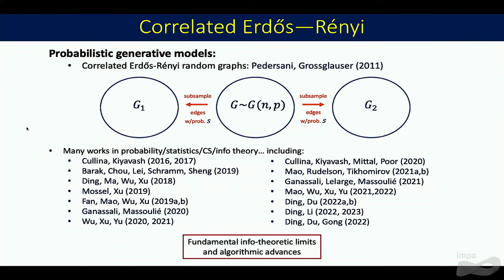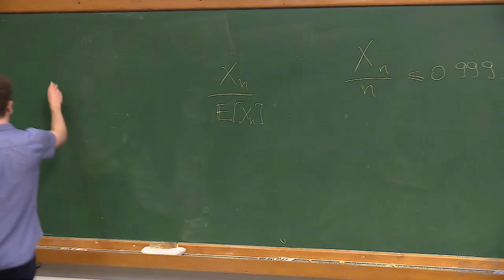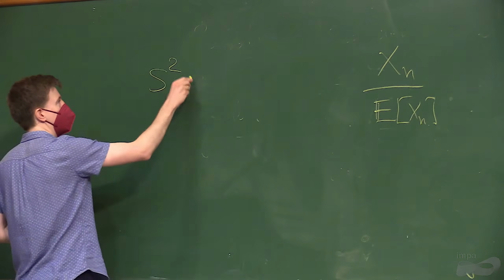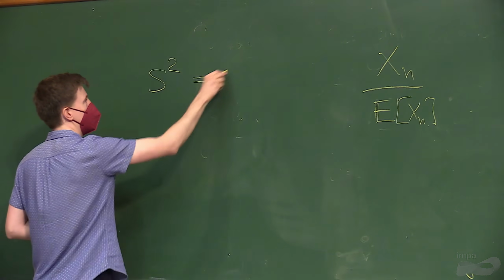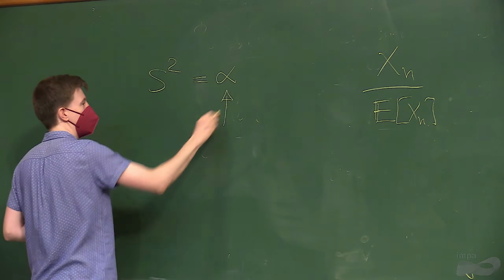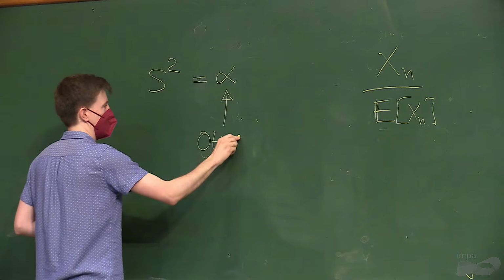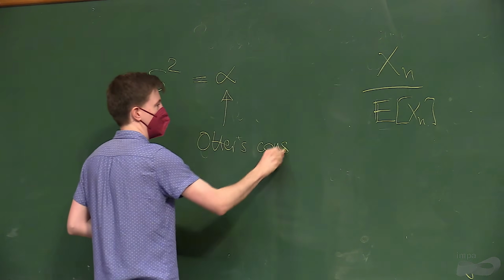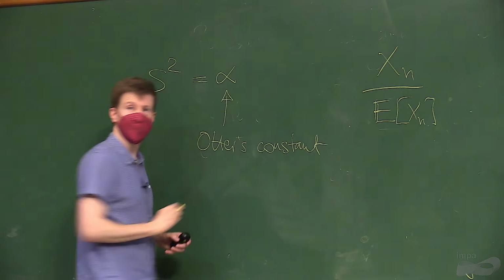For instance, there is a conjectured information-computation gap at a particular level of this correlation. If there's time later, maybe I can talk about it. It is at s squared equal to alpha, where this is Otter's constant, which is probably familiar to some of you.